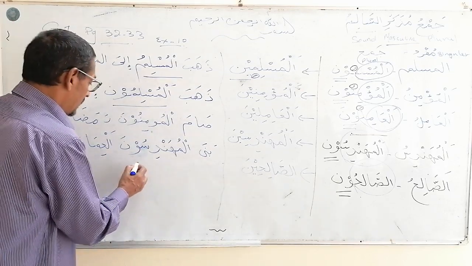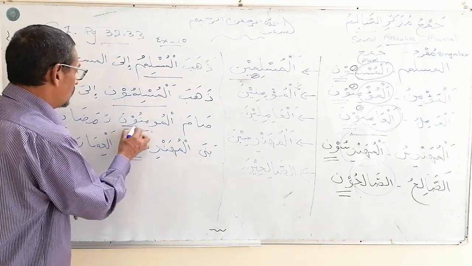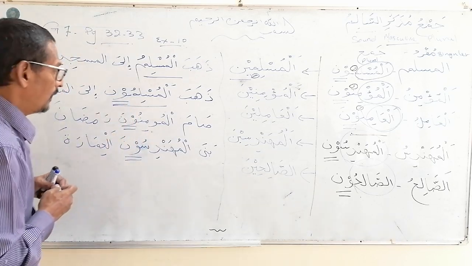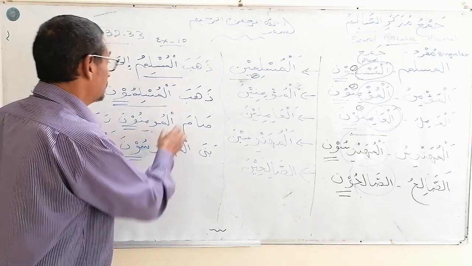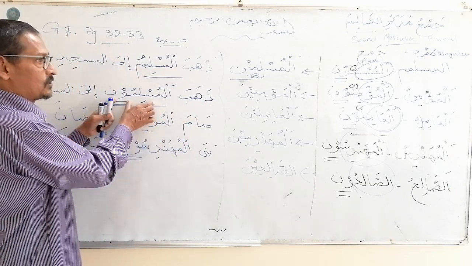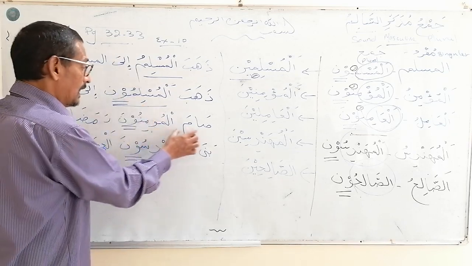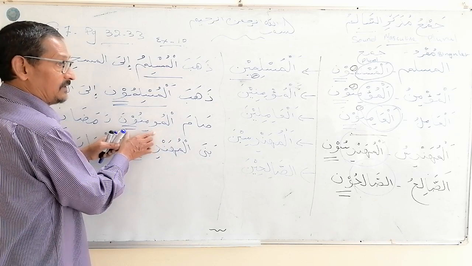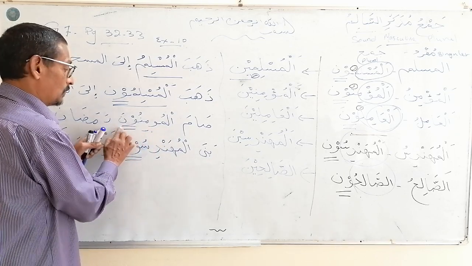So you see, they are all ending with waw and noon because they are the subject of their verbs. The subject of dhahaba is al-muslimun. Who did the action of going? Al-muslimun. So the plural ends with waw and noon. Sama al-mu'minun. Who did the action of fasting? Al-mu'min, the believer, al-mu'minun. So it ends with waw and noon.